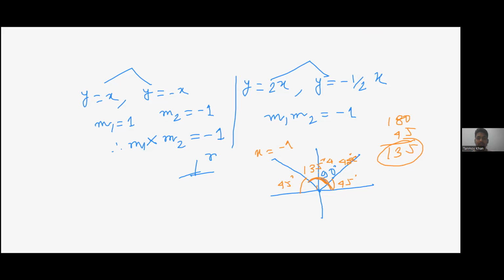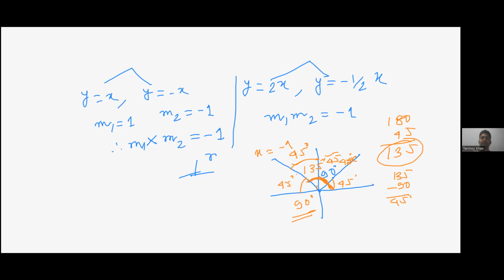This is 45, this is 45. Then 90, so 135 minus 90 means again 45. So this one is 45, this one is 45. That means the angle between these two lines is obviously 90 degrees, right? I think you understood this.